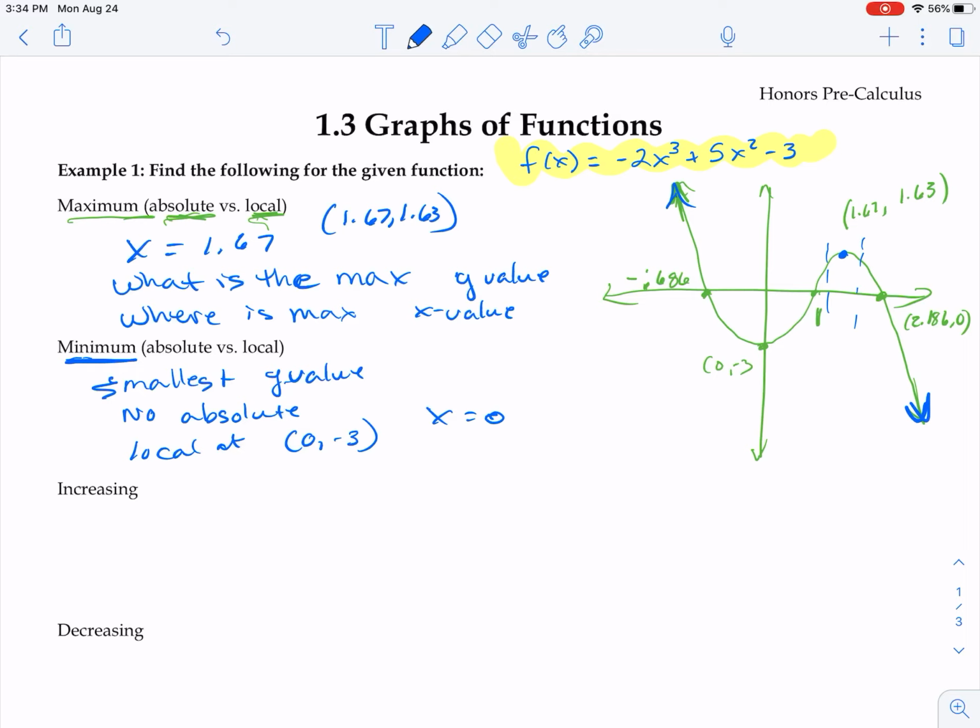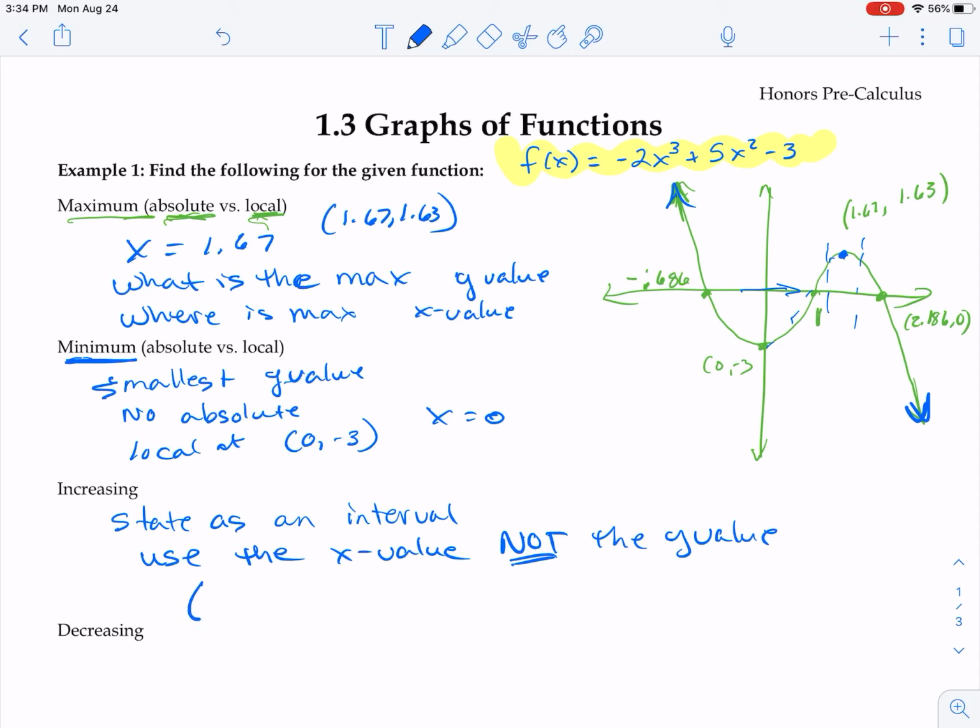Okay, an increasing function happens, excuse me, when as x is getting bigger, your y is getting bigger. State as an interval, use the x values, not the y values.